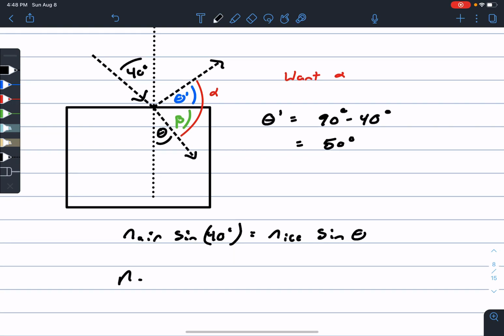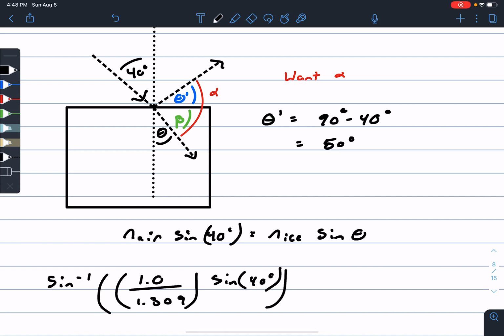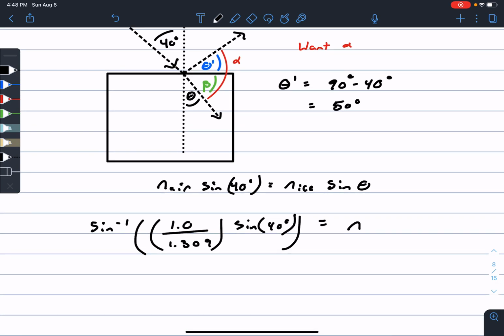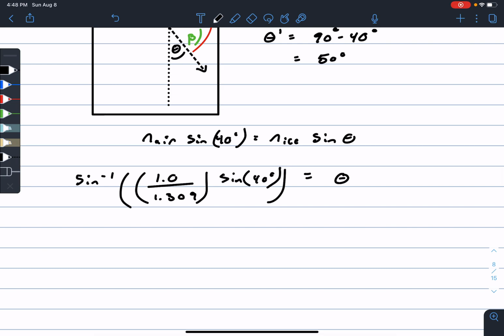So we'll just say n air is 1, and n ice is going to be, let's see, I looked it up, it's 1.309. Sine 40 degrees, and this is going to be arc sine of all of this, right? This will give you the index of refraction for, no, sorry. This is going to give you the angle of refraction, and that's going to be 29.41 degrees. That's what we get.